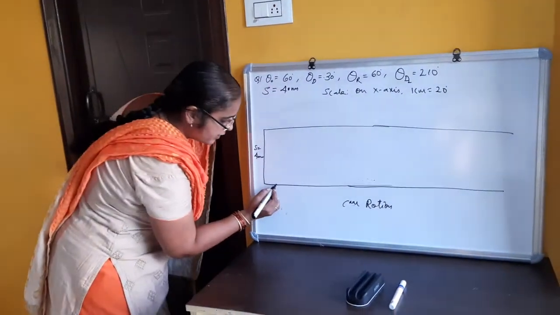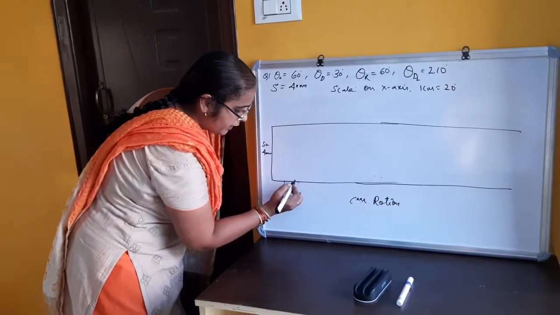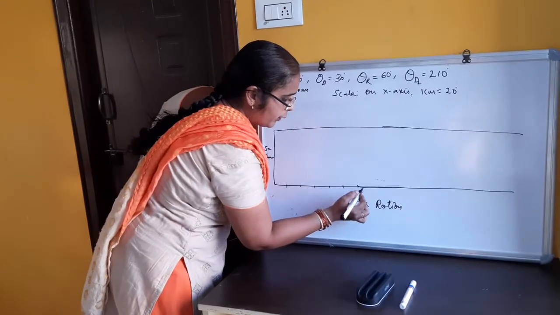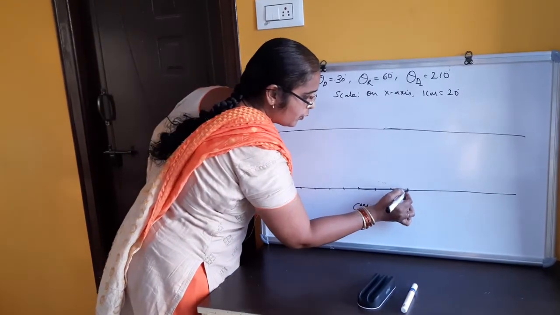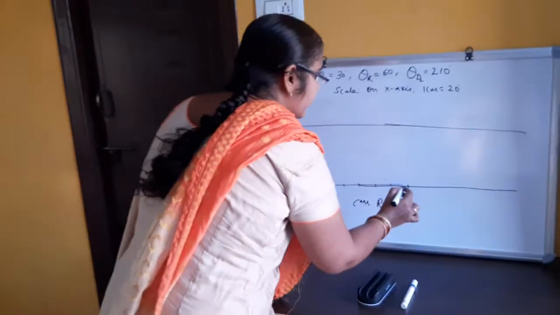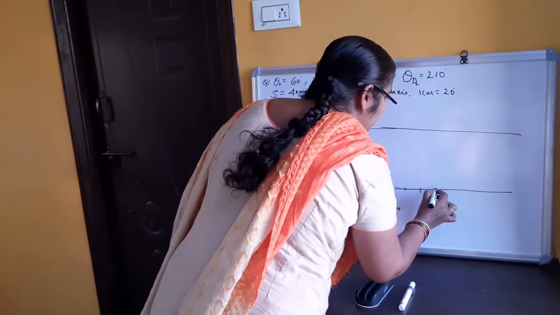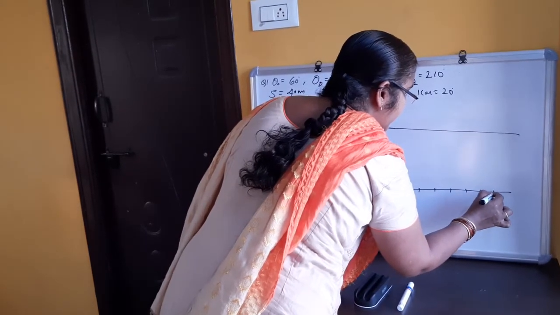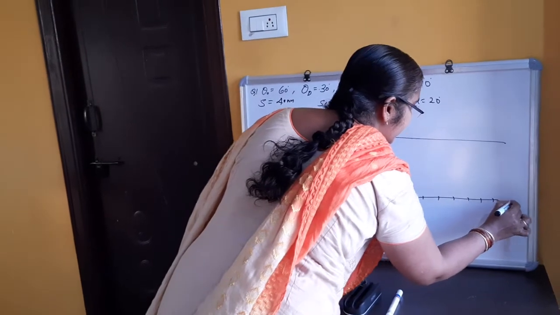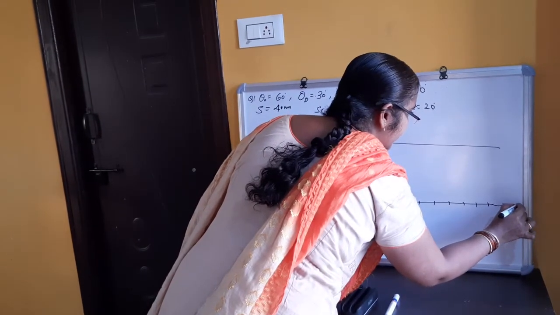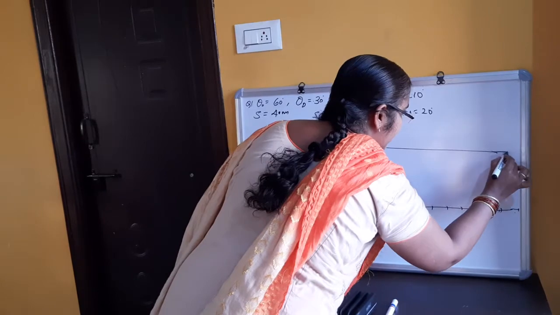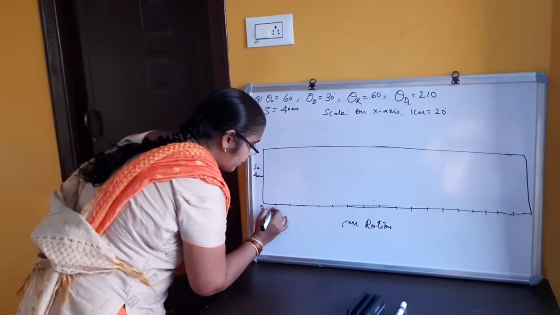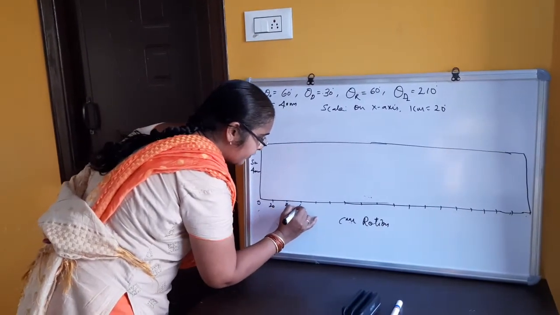So I'll split this: 20, 40, 60, 80, 100, 120, 140, 160, 180, 200, 220, 240, 260, 280, 300, 320, 340 and 360. I have split this into 0 to 360 degree.